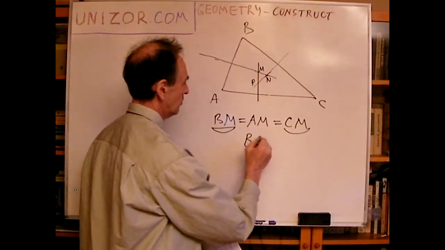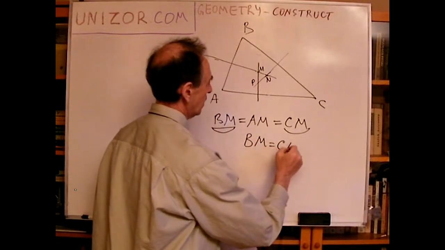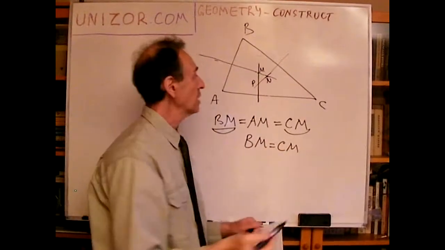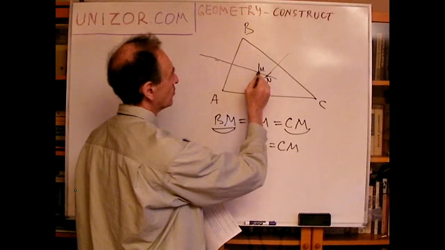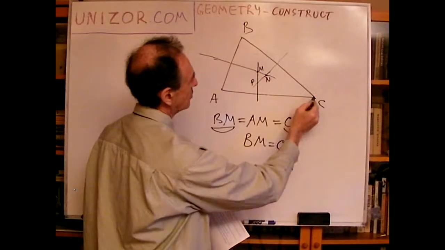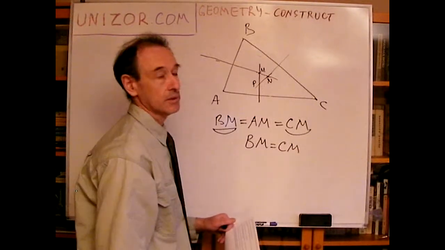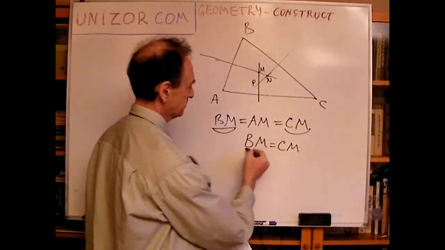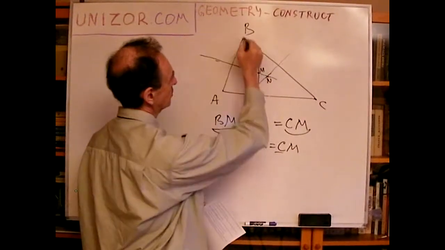So BM is equal to CM, which means that the point M should also belong to the perpendicular bisector of the segment BC, since it's equidistant.